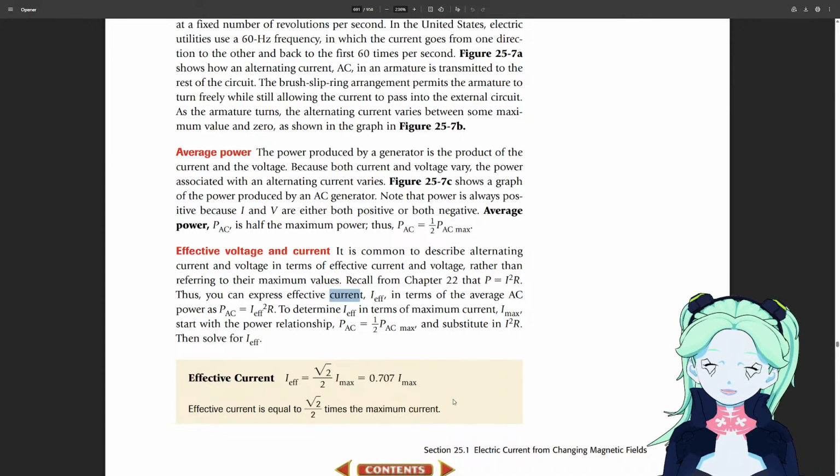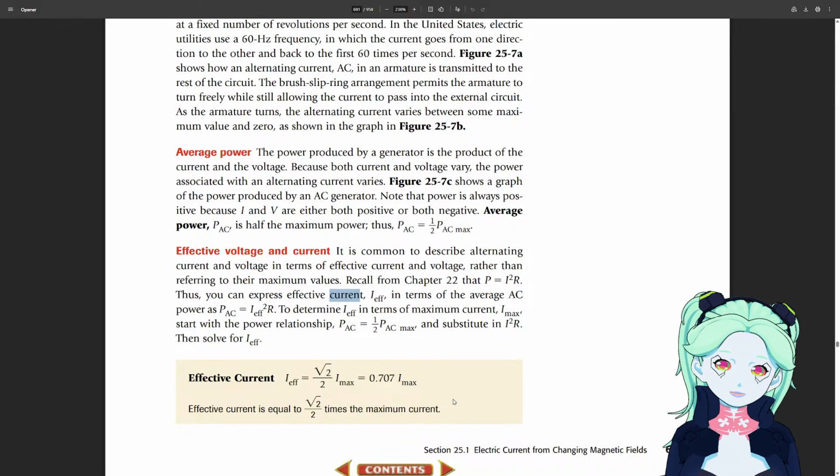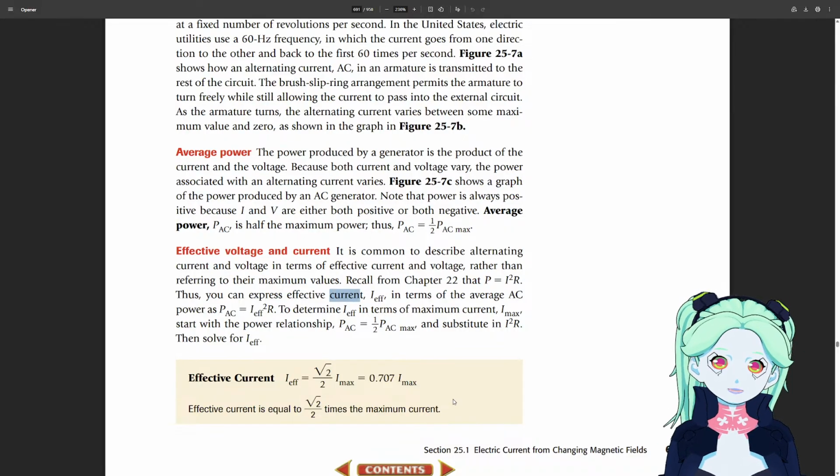So then those things cancel out, and then you take the square root of both sides. Effective current is equal to square root of 2 over 2 times the maximum current.